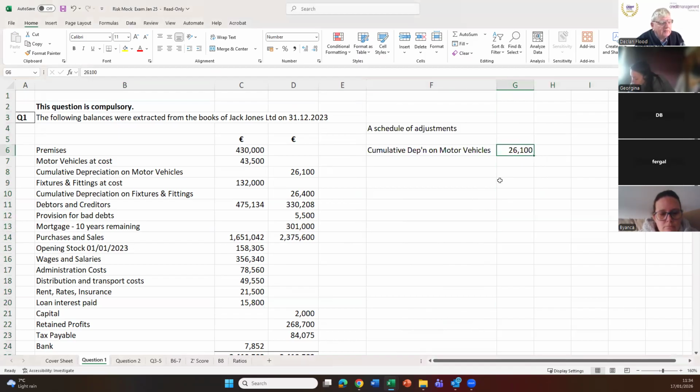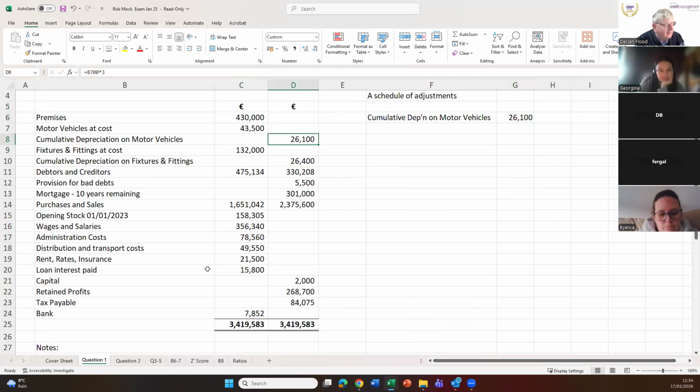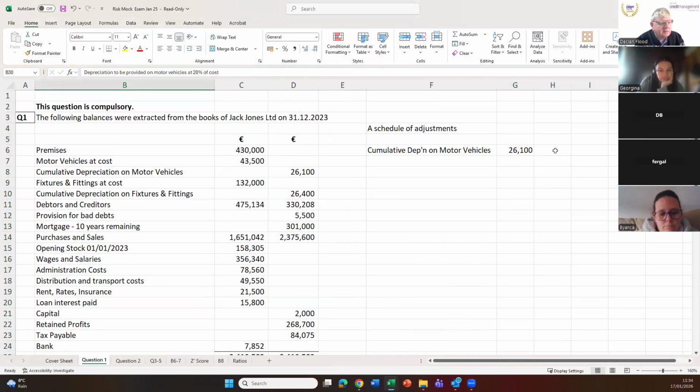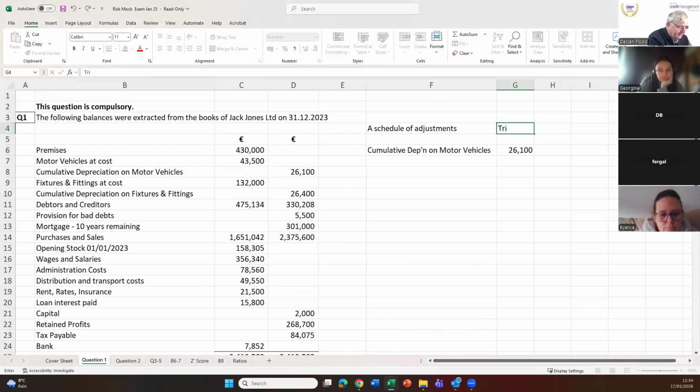So our cumulative depreciation on motor vehicles is from our trial balance, 26,100. We have it there. It says we have to provide depreciation on motor vehicles at 20% of cost. So I put in here trial balance, and I'm just doing this for clarification.